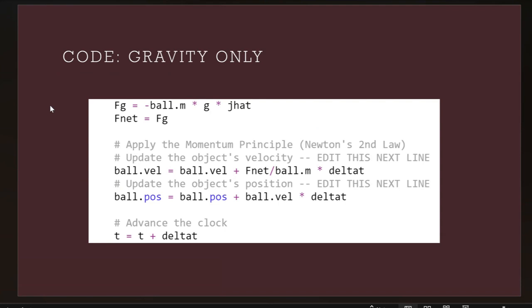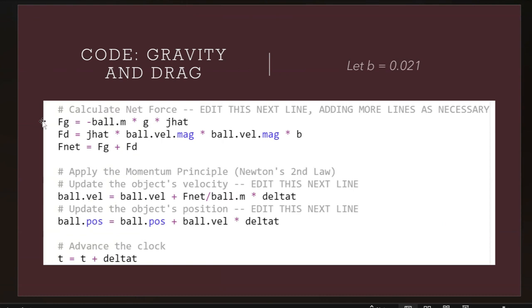In our gravity-only model, our code looks something like this, where the net force was equal to the gravitational force. As we updated the wrapper's velocity and position, we eventually plotted it and found that it was less accurate than the gravity and drag model, which we will look at here.